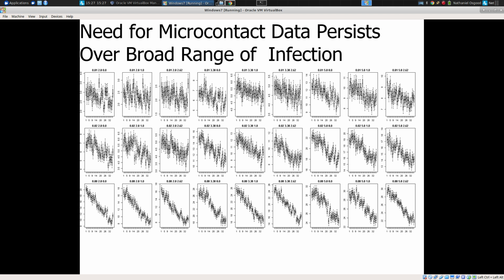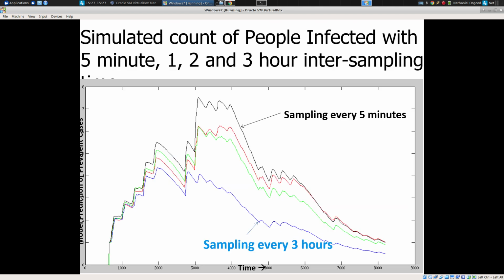And more recently, this is actually an old graph, but more recently we've performed this sort of analysis over a wide variety of conditions, about 10 different infectious diseases, things as varied as norovirus and H1N1 influenza and measles and pertussis, etc. And we've seen that some of those infections are very sensitive to how quickly we collect data. Norovirus is a good example, or measles.